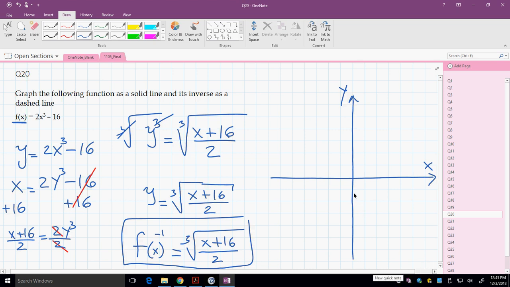I'm going to go more or less by 2, 4, 6, 8, 10, 12, 14, 16, and I'm going to do green, our inverse. This one is going to be green.